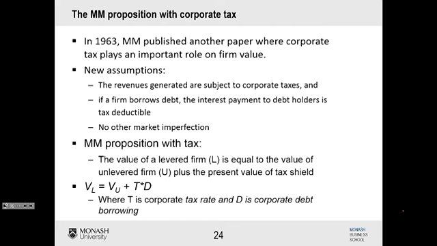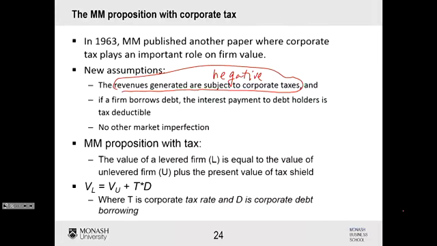But if we have tax, then we have another counter effect to the government tax policy. First of all, that's a bad effect. It's a negative effect. Revenue generated is subject to corporate tax, which is taken away by the government.